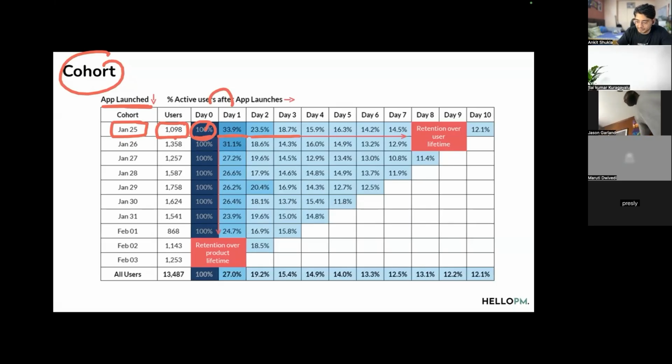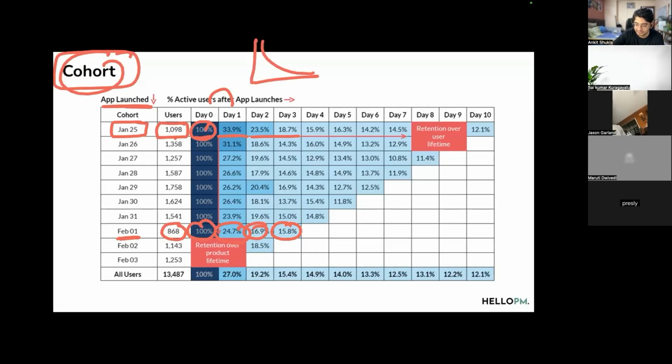Okay. Similarly, people who have joined on February 1, 868 people have joined. On day one, all of them came. Then people started reducing. Can you guys tell me what exactly are we measuring with cohort analysis? Yes, retention and churn rate. I have shown you three diagrams, right?